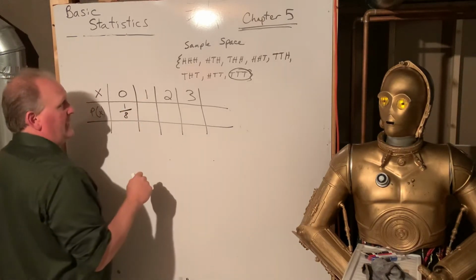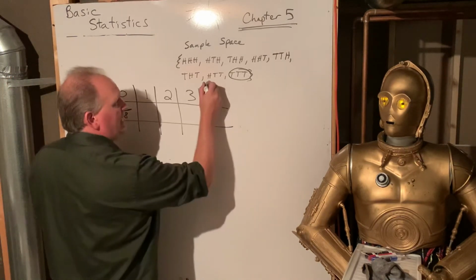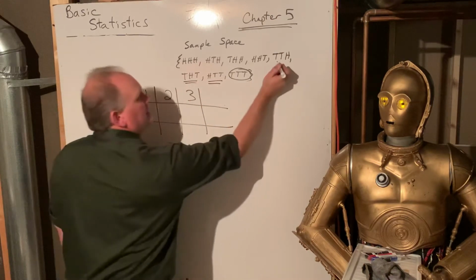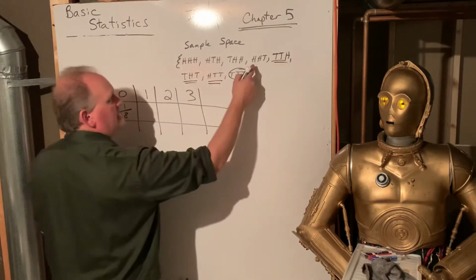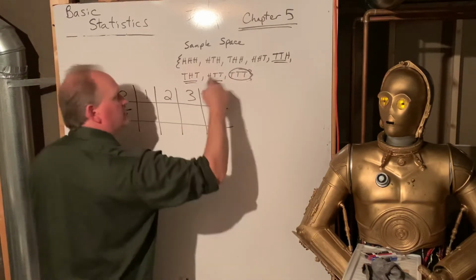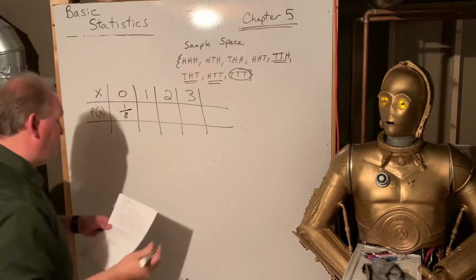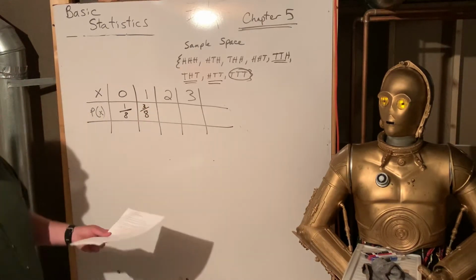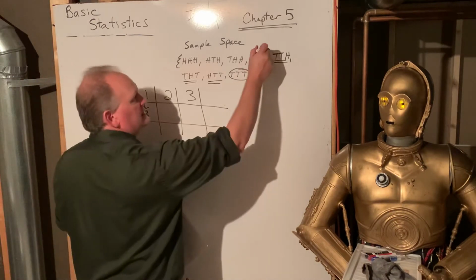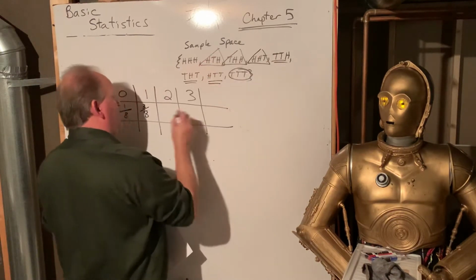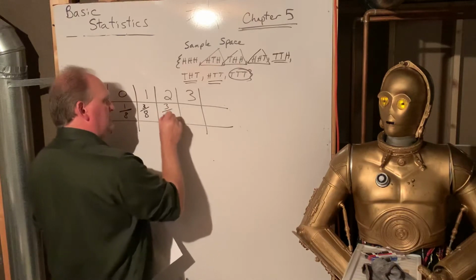1 head. So let's see, that happens here, there's 1 head, there's 1 head, there's 1 head, that's 3 times out of 8. 2 heads, let's see, that happens also 3 out of 8.